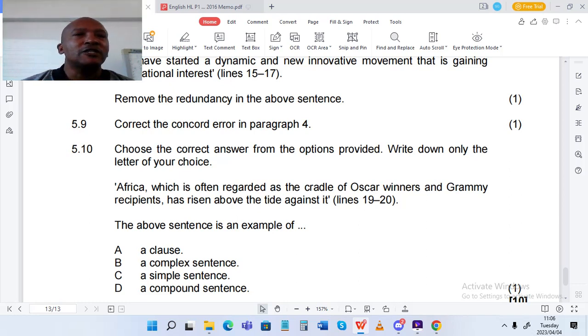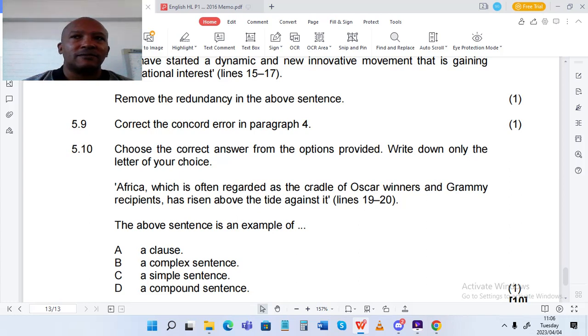Let's quickly do this. You must know, in your list, you write down phrase, P-H-R-A-S-E. Below that you write down clause. We're dealing with types of sentences, right?